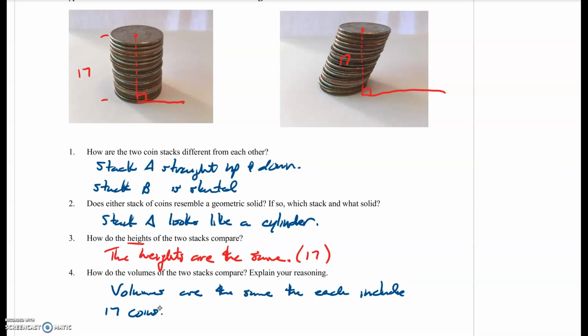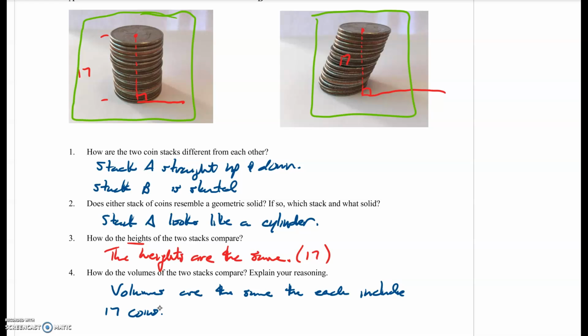Okay, so that's going to be kind of important when we move forward, noticing that whether the stack is straight up and down, like stack A, or if the stack is tilted, and we're going to have a name for that coming up here.